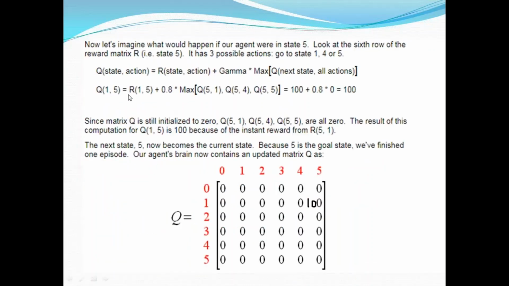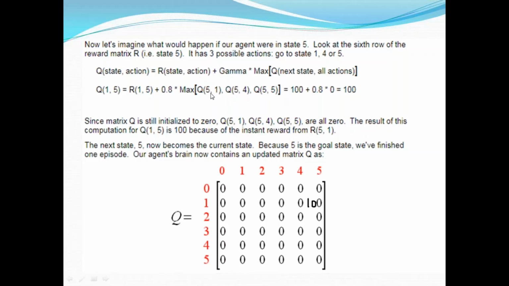So Q of 1 comma 5 equal to R of 1 comma 5. That is reward of 1 comma 5. So if you are going to the immediate 5, and 5 is your goal state, you'll be achieving the reward of 100. So here reward will be placed as 100 plus gamma, the discount factor, 0.8 in this problem, into max of all the next state values. So from 5, it can go to either 1, 4 or 5.